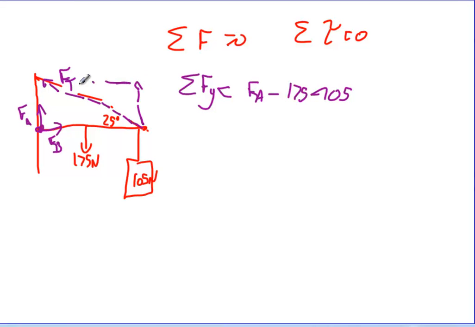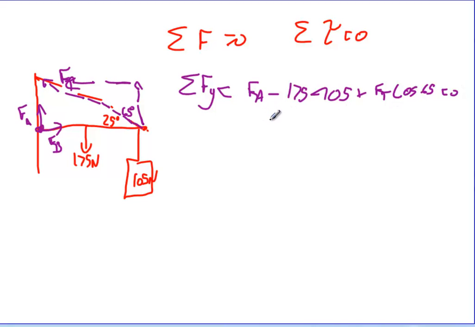It pulls up and over. So if this angle is 25, then this angle is 65. Okay, and so this I've got to add on, plus FT cosine 65, or sine 25 would be the same thing. Okay, and that equals 0.